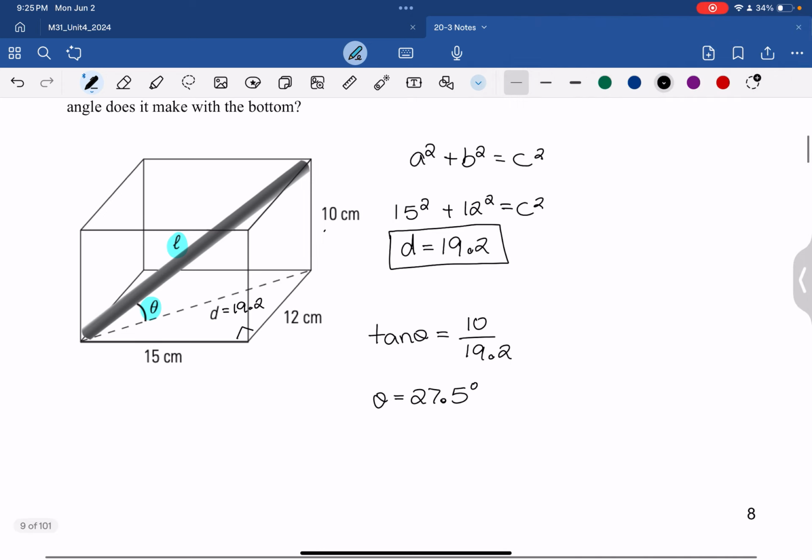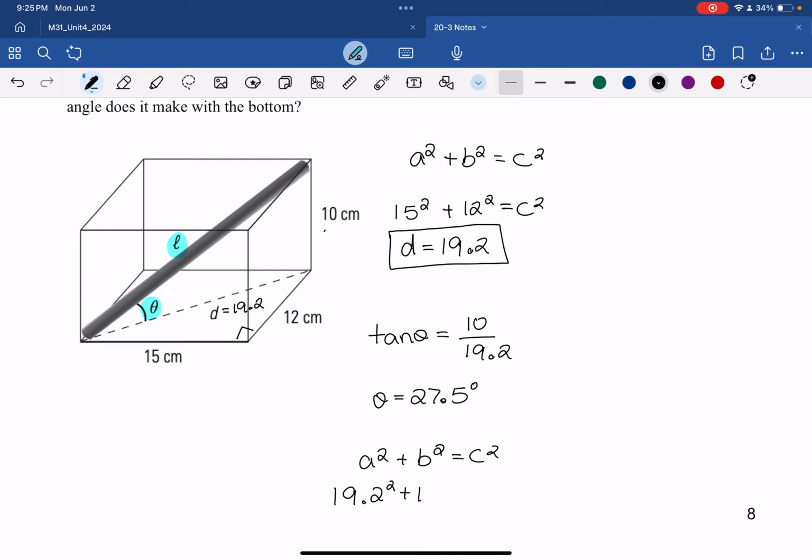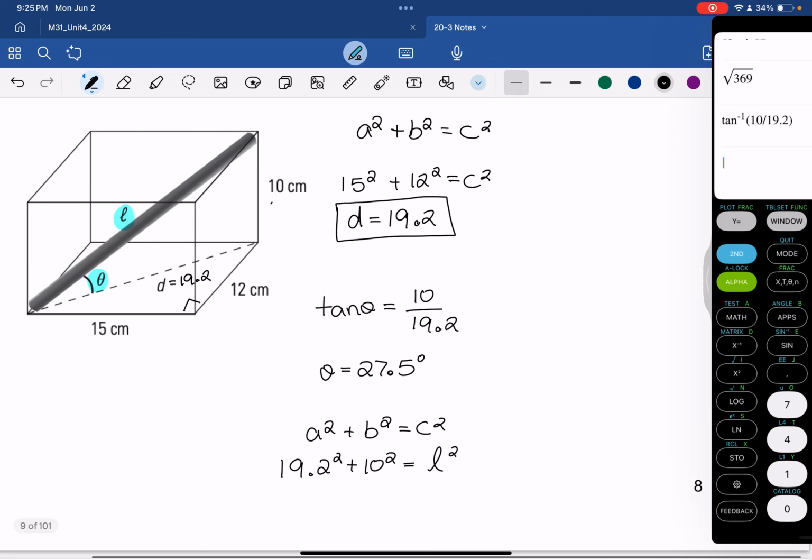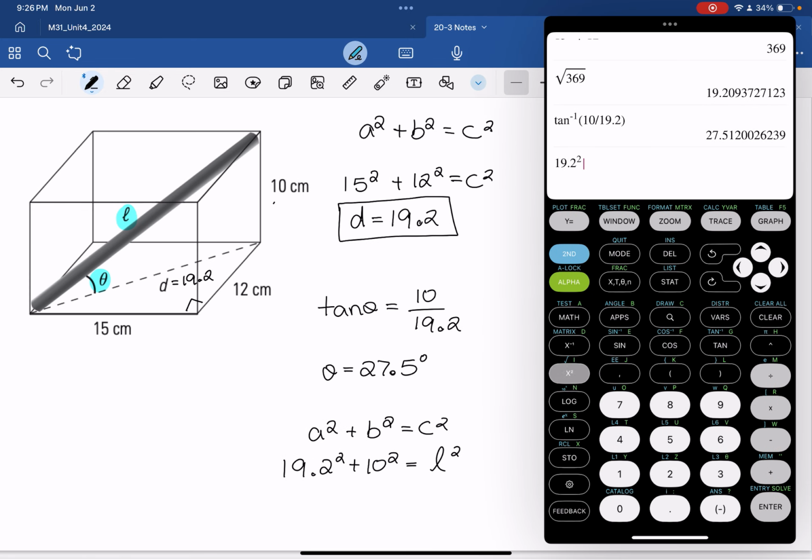And then the last piece, I could use Pythagorean theorem again to get L and take 19.2 squared, 10 squared. You could also use your angle that you just figured out and use a trig ratio. Any of those options will work and will get you approximately the same answer when we round. So I'm going to take 19.2 squared plus 10 squared equals L squared, and I'll take the square root of that number.